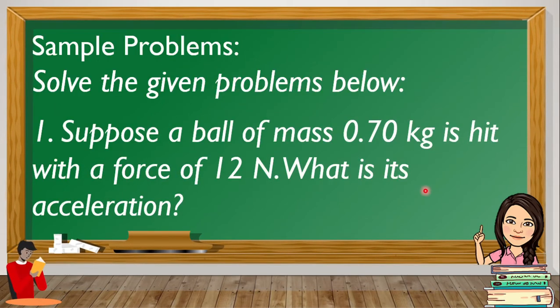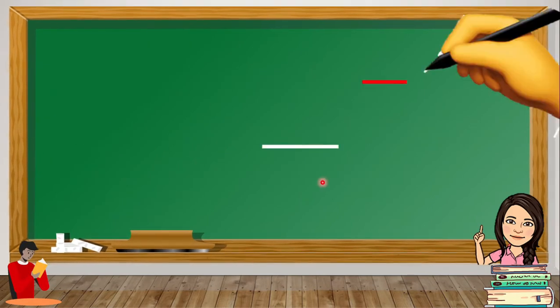Let's try to solve sample problem number 1. Suppose a ball of mass 0.70 kg is hit with a force of 12 Newton. What is its acceleration? To answer the given problem, let's start by writing the given.